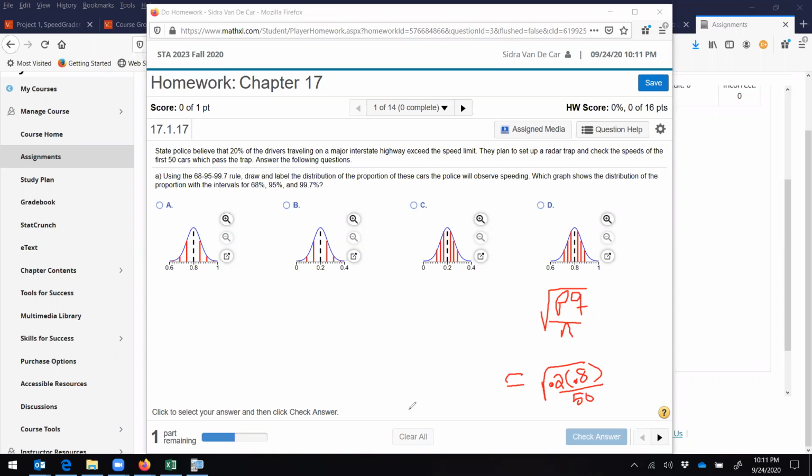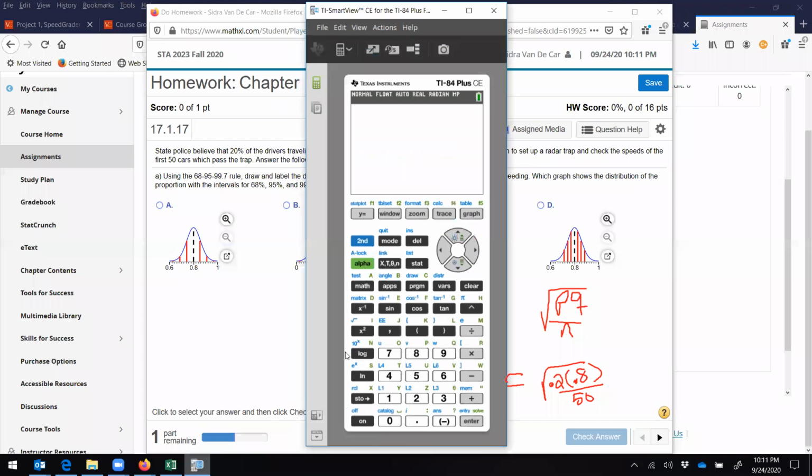Okay, so if we pull up our calculator and I do the square root of 0.2 times 0.8 and then divide that result by 50, we're going to get about 0.05, about 0.06 from that.